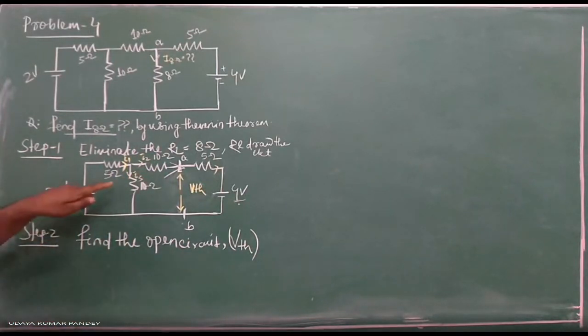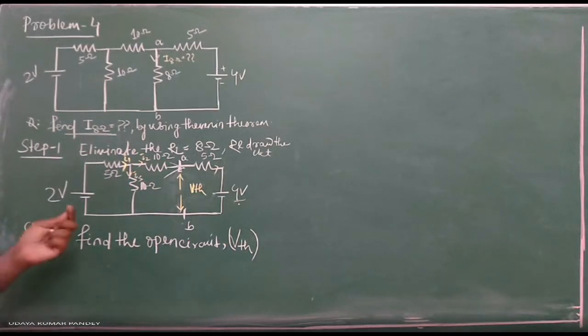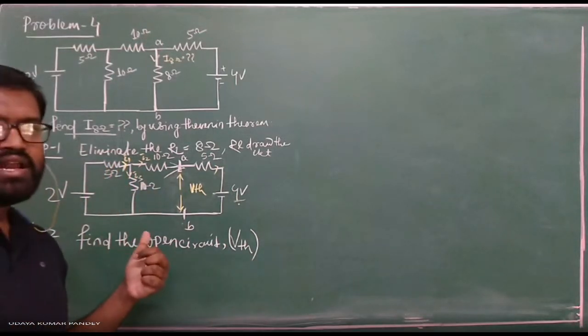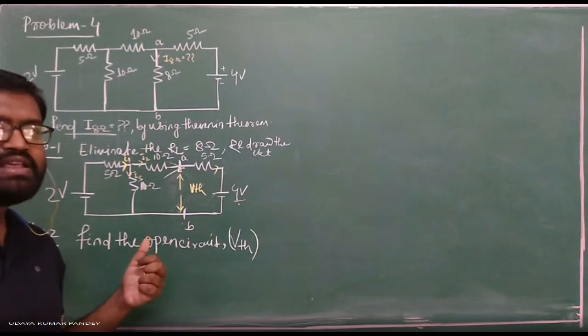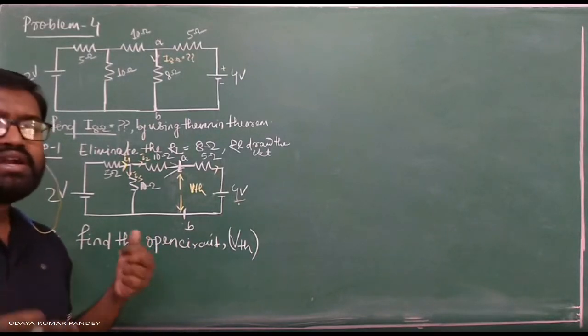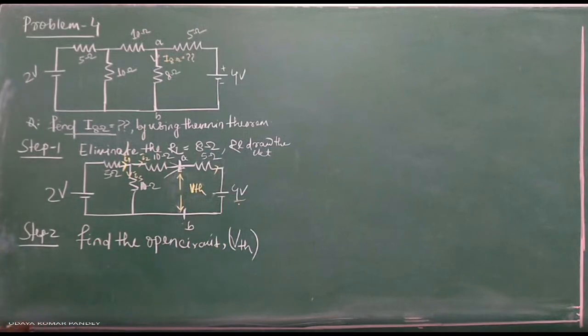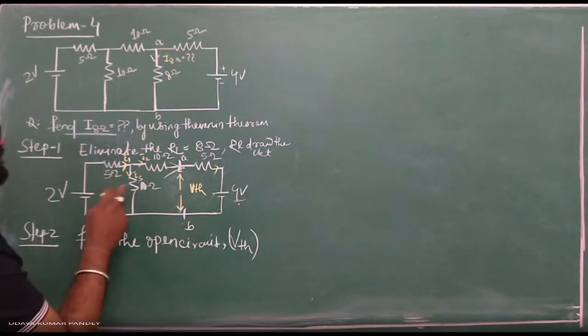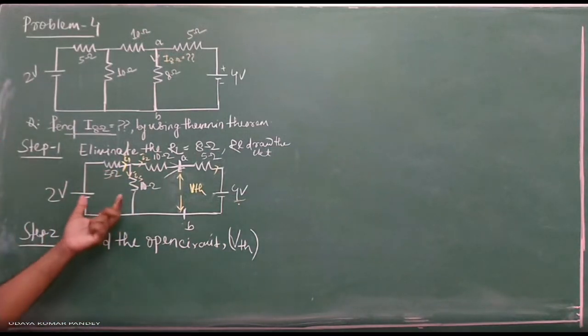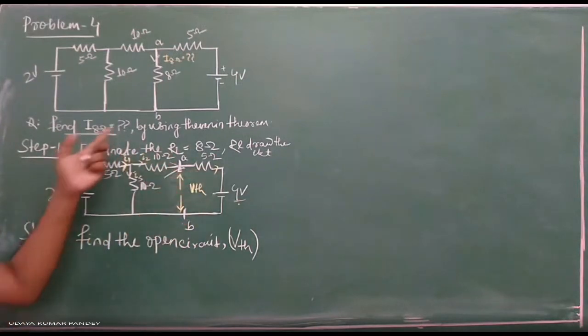Then how to calculate I3 and I2? Here I am using the nodal analysis method. For simplicity I am choosing the nodal analysis method. You can see how many nodes are possible in this circuit.